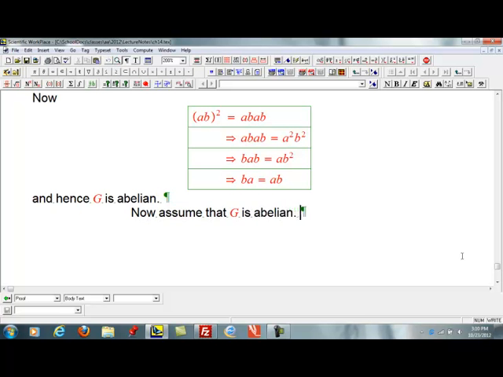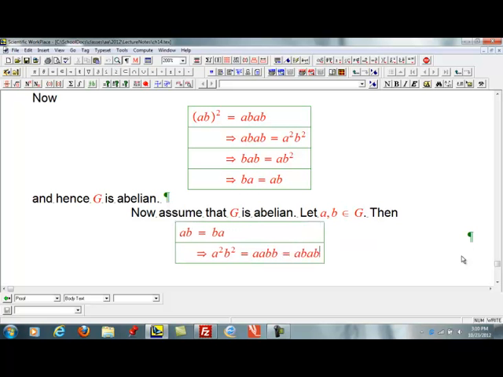So assume that G is abelian, and we want to show that f is a homomorphism. So we're going to let a and b be elements of G. Then since G is abelian, I know ab equals ba. So what does that tell us about a squared b squared? Yeah, except I want to interchange it a little bit. This is aa times bb, right?